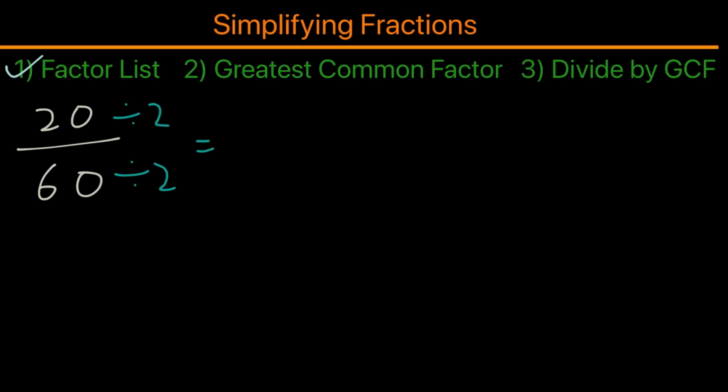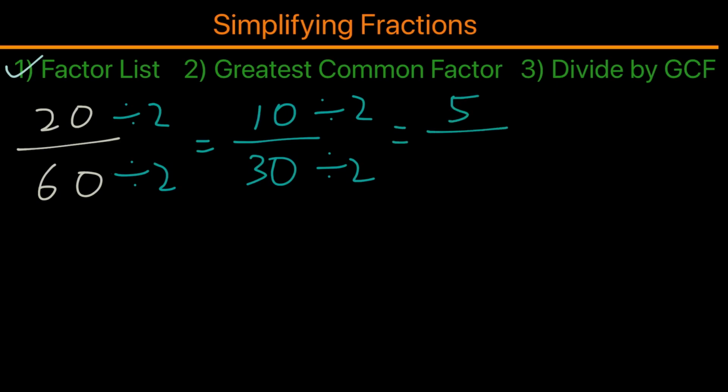And we'll see that the numerator would become 10 and the denominator would become 30. And then we look at the numbers again, they're still both even numbers, so let's divide by 2 again. Now that will become 5 and the denominator will be 15. Now that we see 5 and 15, we know both can divide by 5, so we'll divide both by 5. And the answer is 1/3.